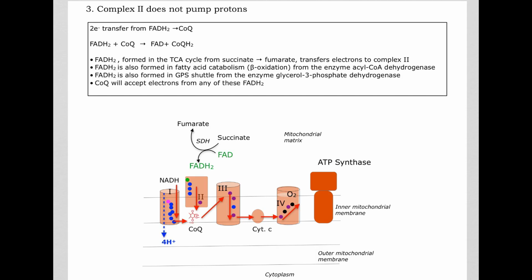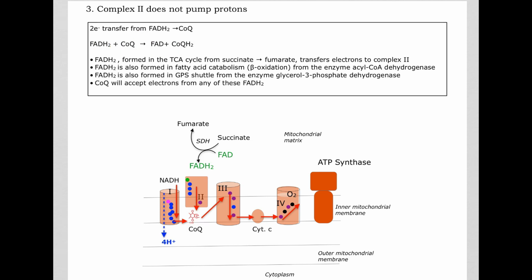Recall from the Krebs cycle that when succinate is converted to fumarate, FAD is reduced to FADH2. Now complex 2 catalyzes the transfer of electrons from FADH2 to coenzyme Q. In the process, FADH2 becomes oxidized to FAD, and coenzyme Q with its electrons becomes reduced to coenzyme QH2.